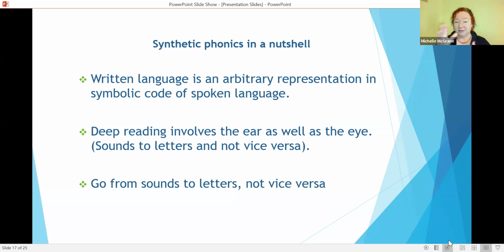In fact, and I'll talk about synthetic phonics in a minute, there are 2 different types, analytic and synthetic. Synthetic essentially teaches from the ear to the visual representations. So we learn how to blend by listening first, and then we learn to look at the visual representations, letters, of those sounds. In other words, we go from the sounds to the letters, okay?